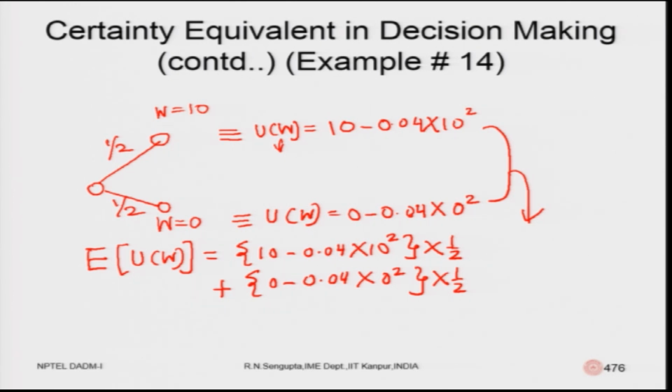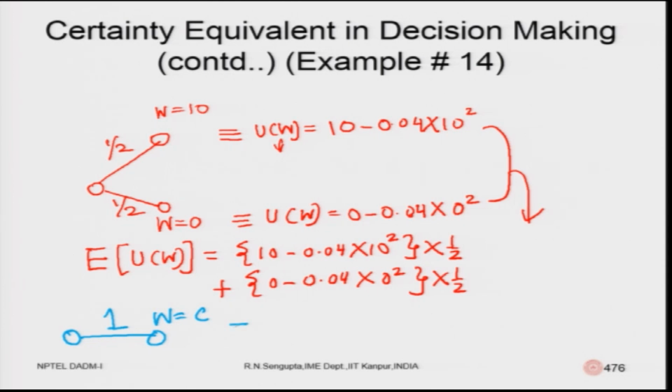Now, on the other hand, let me change the color and come to the certainty value. Certainty value would have a decision like this. So, this probability is 1 and w value would equal c.